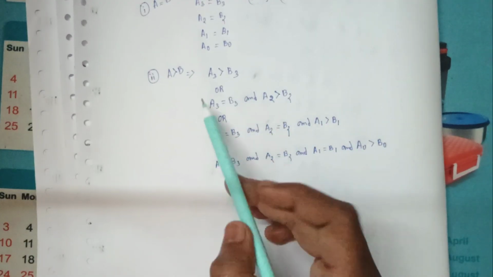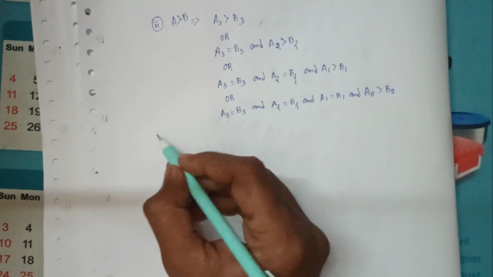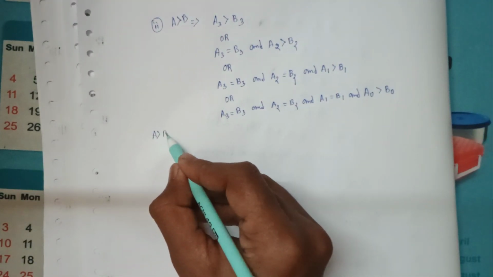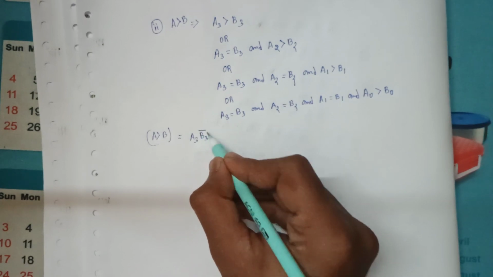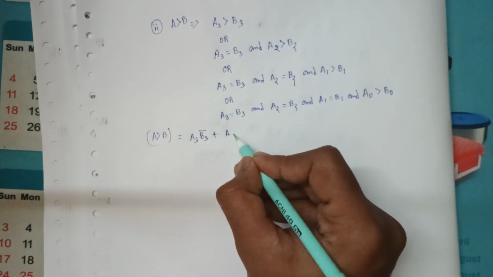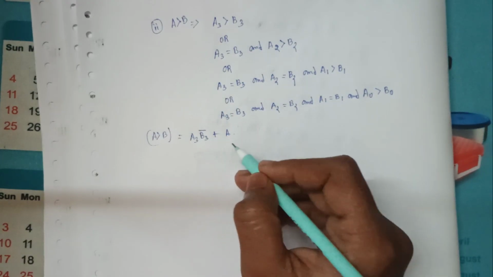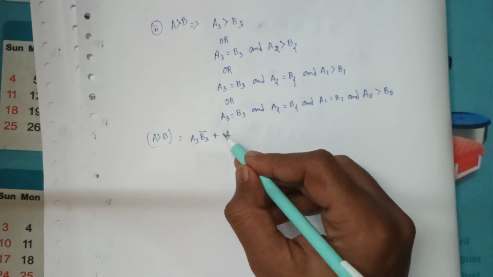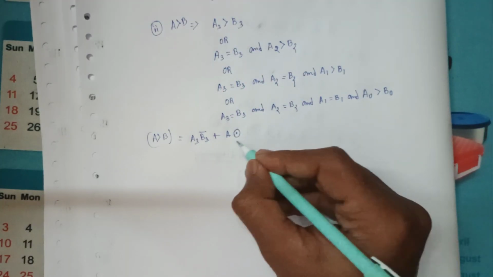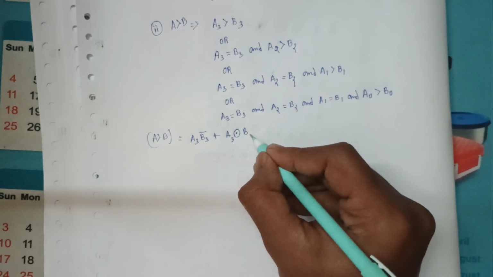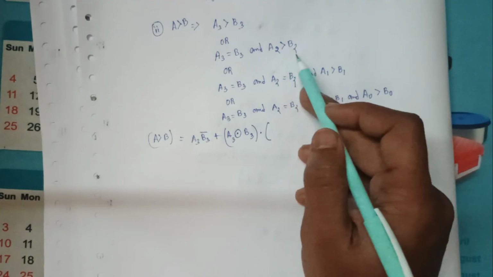So if we write the expression, it will look like this: A greater than B, A3 B3 bar plus, for greater than we have used A into B bar, plus for OR A3 equals to B3, again we will use XNOR sign, B3 and A2 greater than B2.